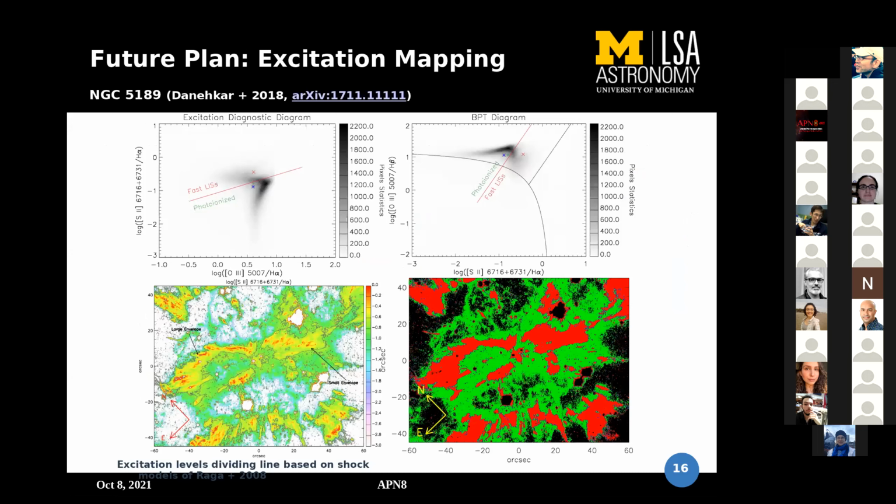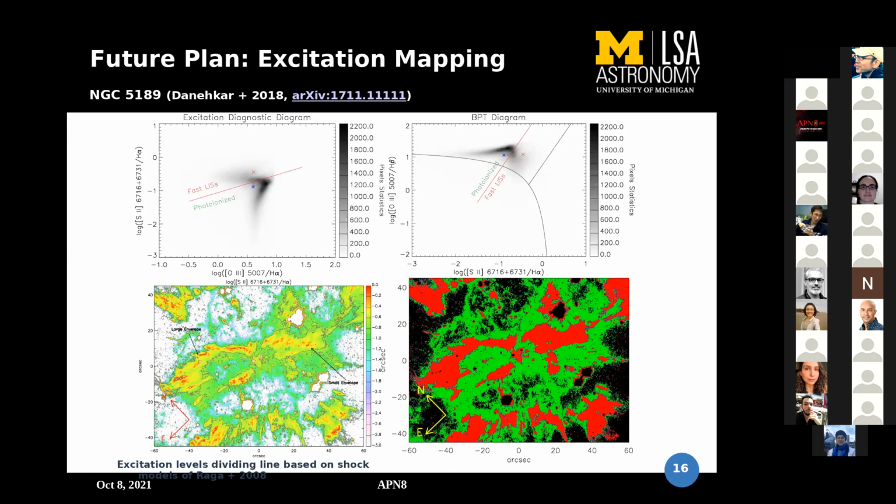And about the future plans, we can use IFU for excitation mapping, in the work which I did using high resolution Hubble Space Telescope data, published in ApJ 2018. I used a technique typically used for galaxy evolution, the BPT diagram, to distinguish between low excitation regions and high excitation regions.